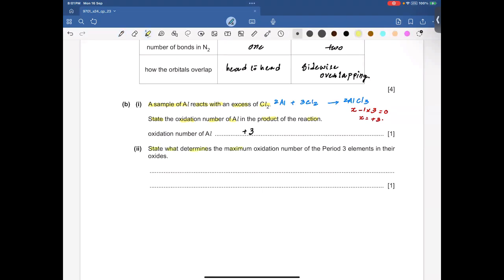State what determines the maximum oxidation number of the period 3 elements in their oxides. Well, the oxidation number refers to the number of valence electrons. All right.